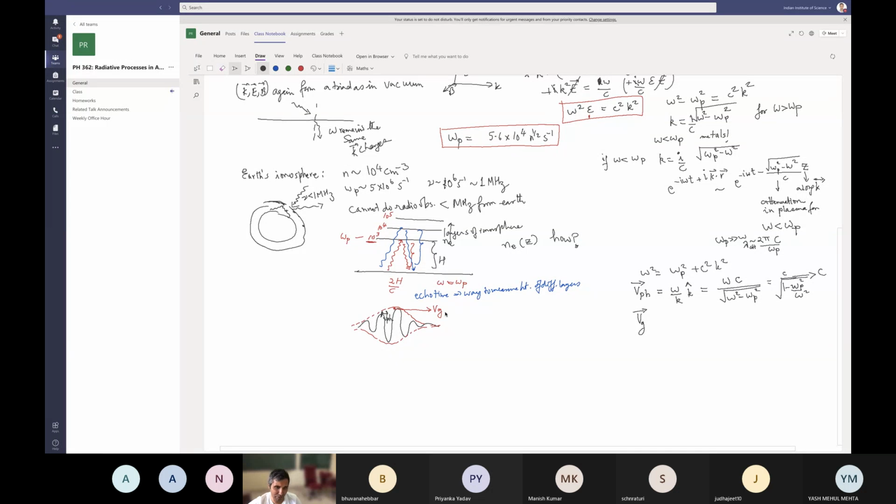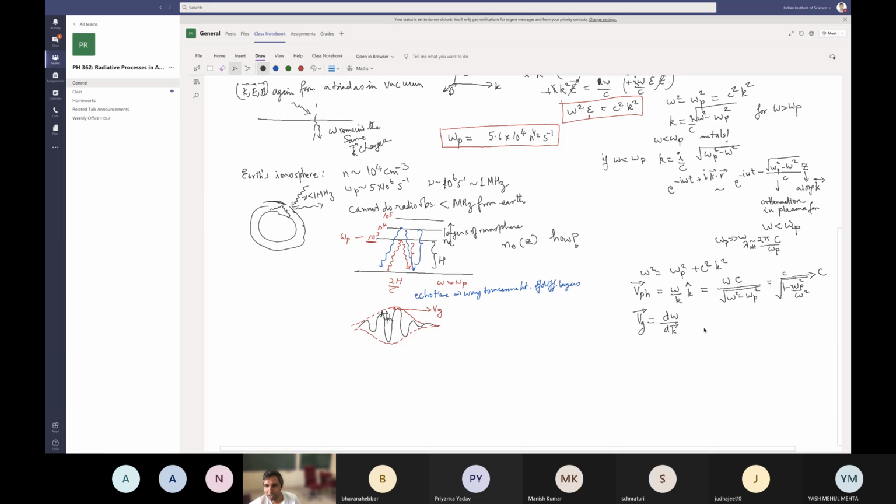But the energy and information propagation speed is the group velocity. A large phase velocity doesn't mean that information is propagating faster than the speed of light. So Vg is equal to d omega dk. This is your group velocity.